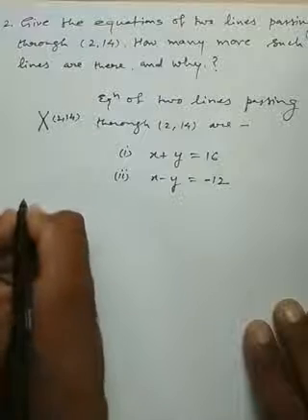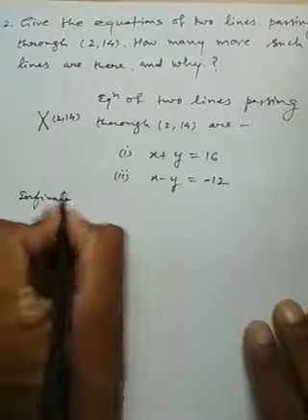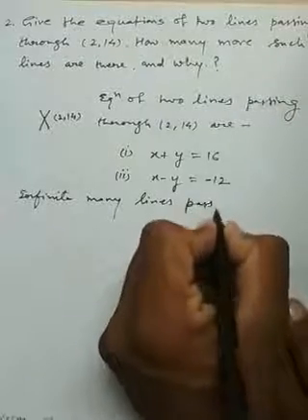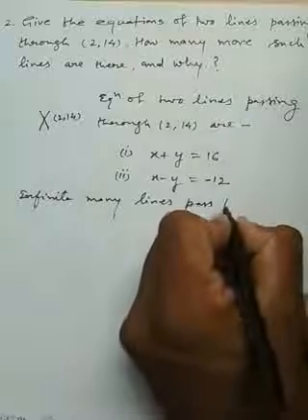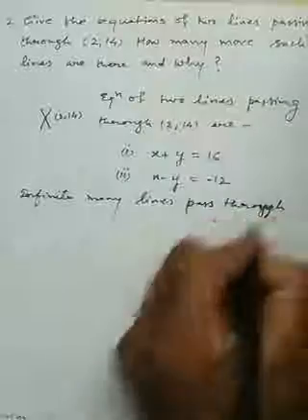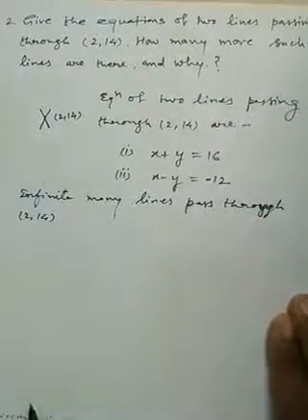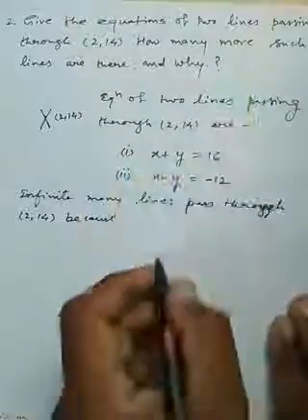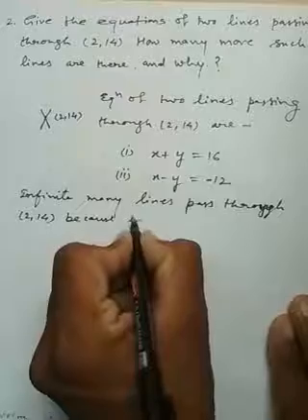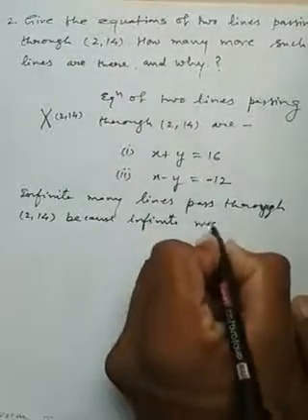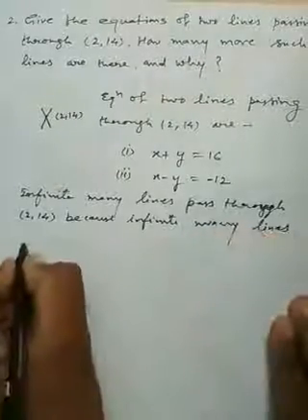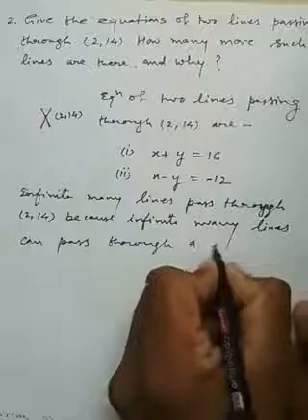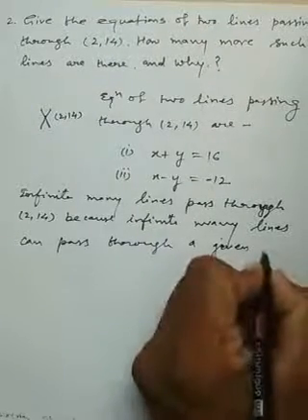So infinitely many lines pass through (2, 14), because infinitely many lines can pass through a single point.